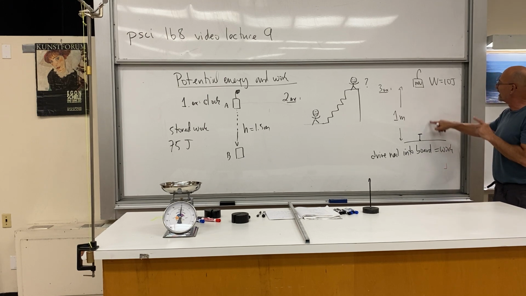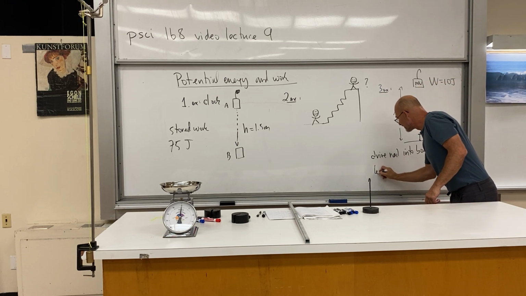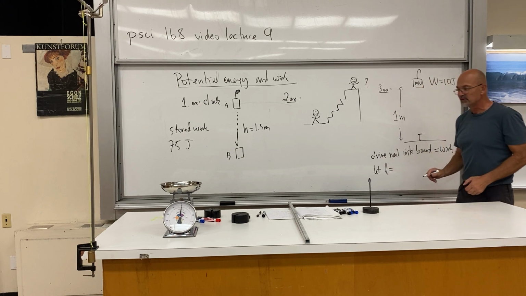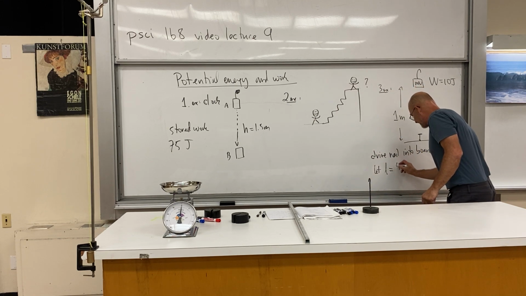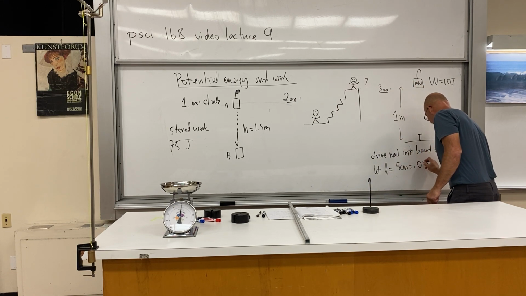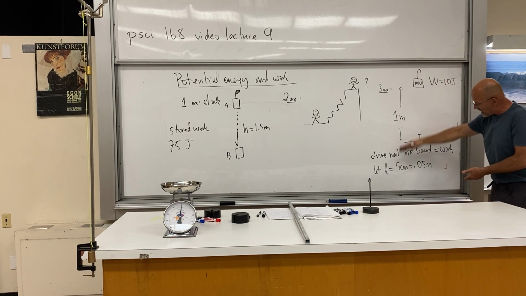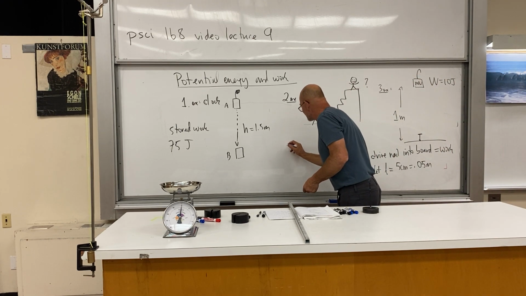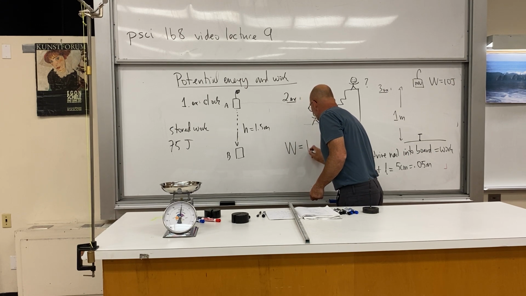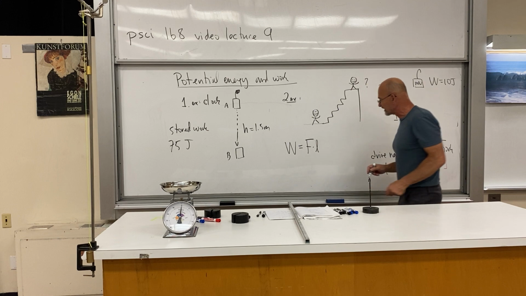And here's my example now. So 10 joules, so let L equal, I'm just gonna make up a number right here on the spot, 5 centimeters. 5 centimeters equals 0.05 meters. So if that 10 Newton weight can drive the 5 centimeter nail into a board, we have work equals force times length. I'll just write FL, force times length.